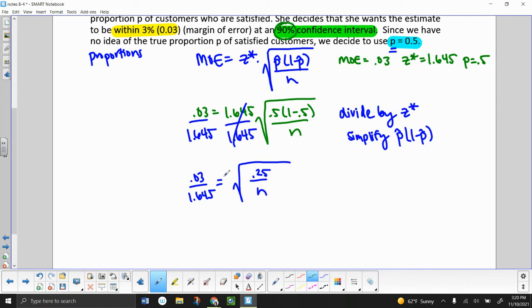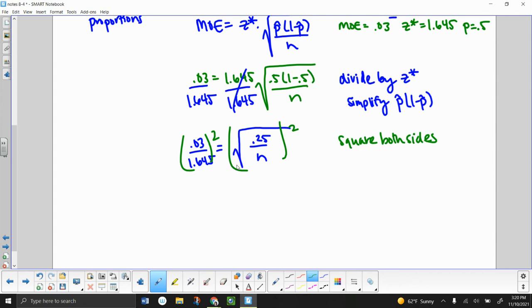Next step, to get rid of the square root, we're going to square both sides. So I have 0.03 over 1.645, squared, is equal to 0.25 over N. Next, we need to get N on top, so I'm just going to take the reciprocal of both sides.